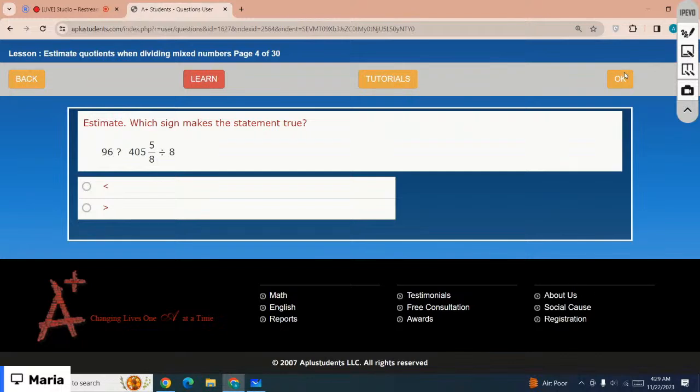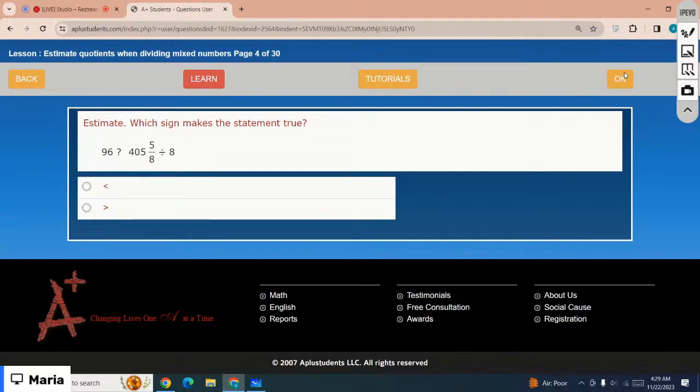Okay, the next one is 96. You have to compare it to 405 whole 5 by 8 divided by 8. So which is the correct option? You can round off 405 whole 5 by 8 to 400, because 400 is completely divided by 8.